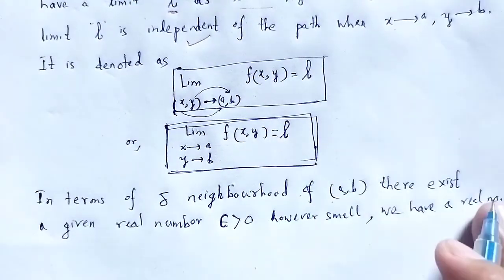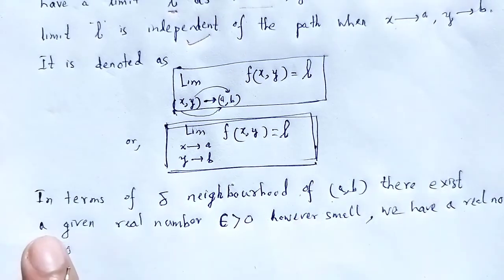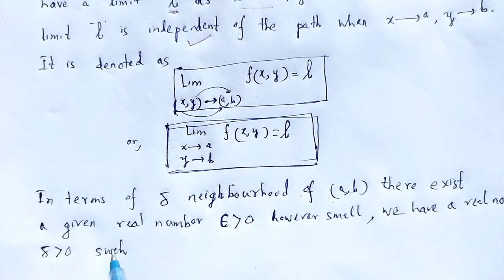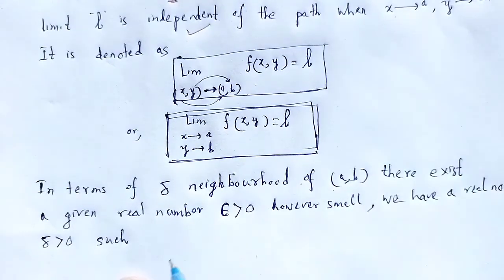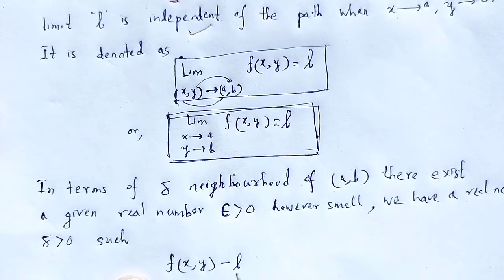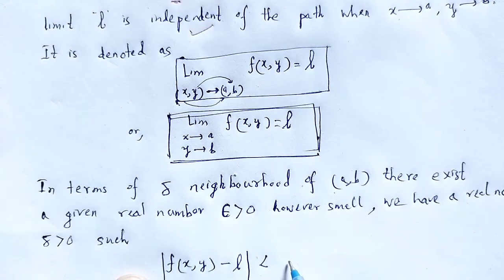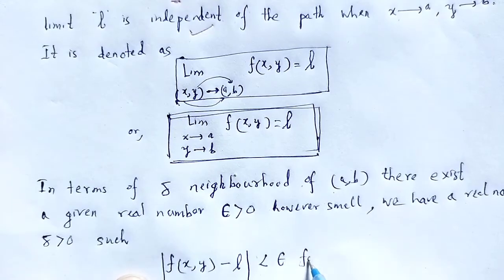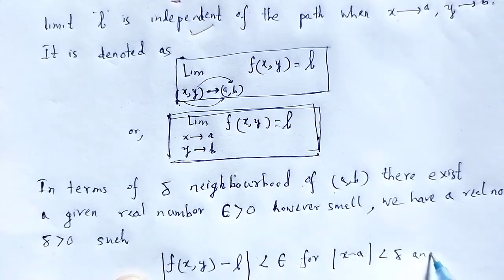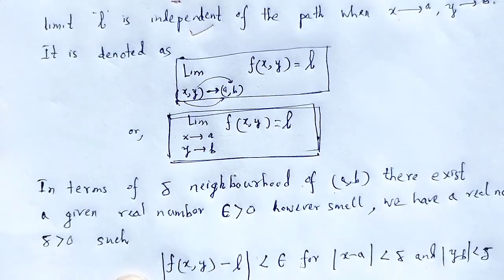What is that real number? That real number delta is also greater than 0, such that the condition is: the function f of (x, y) minus small l, that is the limiting value, modulus less than epsilon, for modulus of x minus a less than delta and modulus of y minus b less than delta.